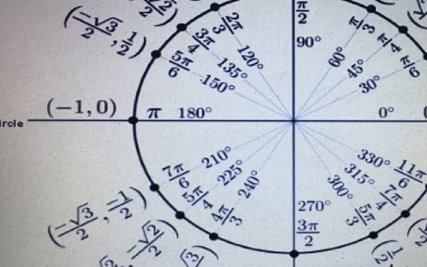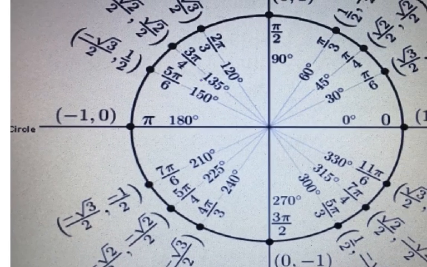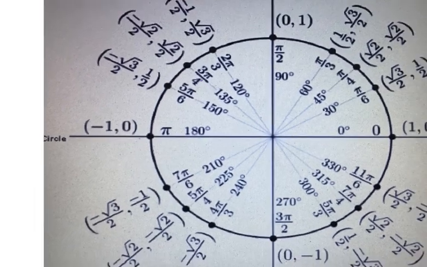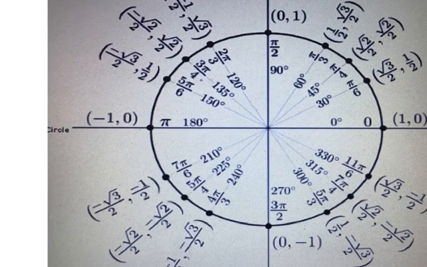Well, isn't negative square root 2 over 2... Let me shrink it down so it actually shows up. Now we're doing it for x. There we go. Do you agree? Right here, x is negative square root 2 over 2. And down here, x is negative square root 2 over 2.